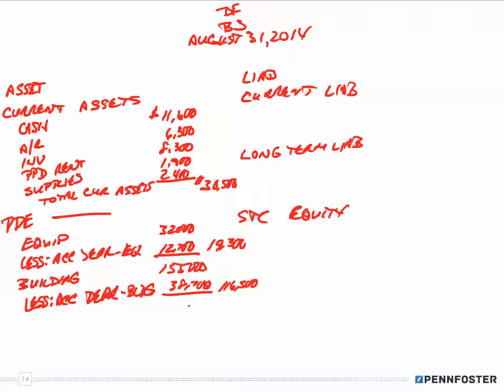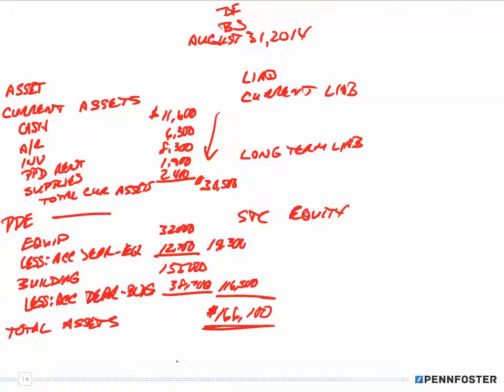Okay, so that gives us, in this case here, we're just going to call it total assets. Draw an underline because we're going to do a mathematical calculation in this column. Okay, in order to get $166,100 as my total assets.